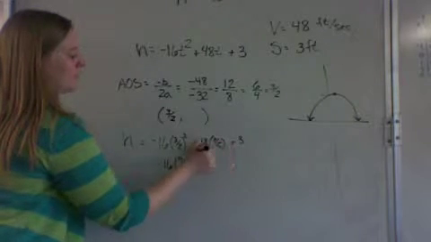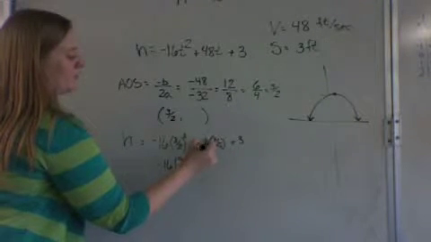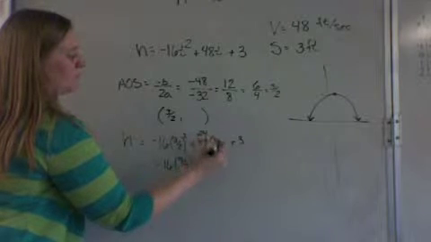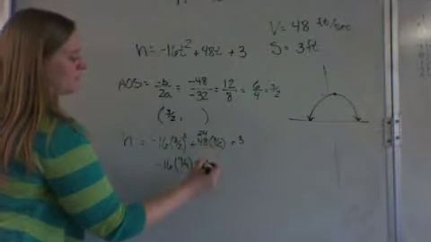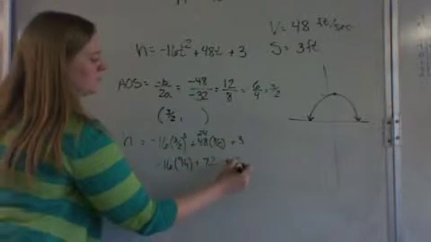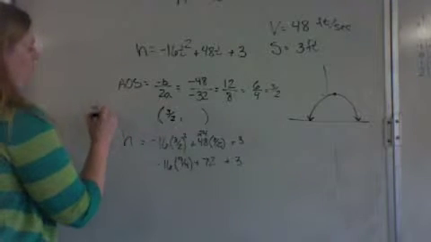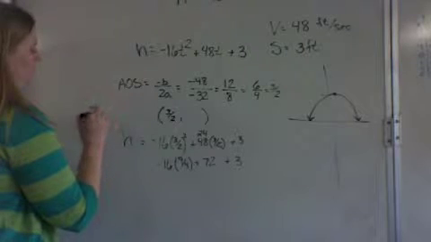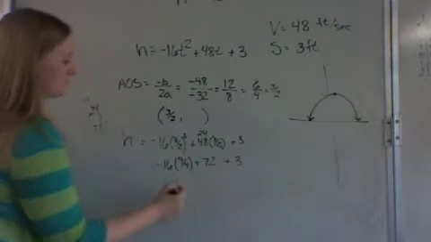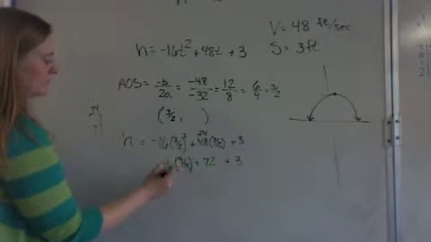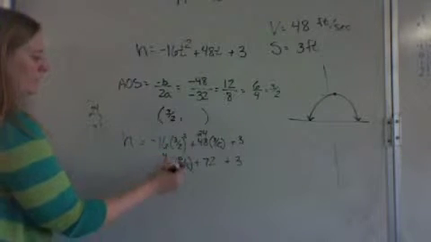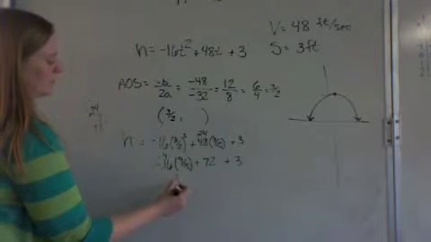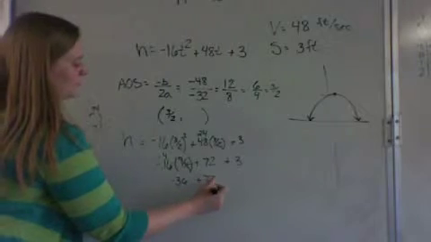Let's simplify this a little bit, cross-cancel. 48 divided by 2 is 24, so this is going to be 24 times 3, 72, right? 72, I was right. Then we can cross-cancel here as well. Negative 4 times 9 is negative 36, plus 72, plus 3.